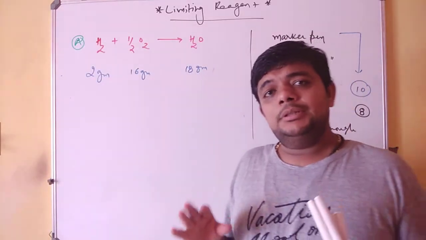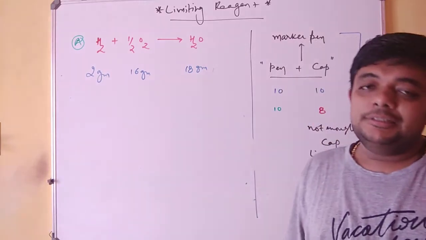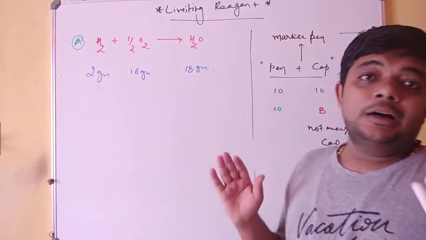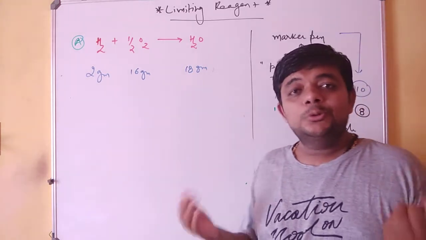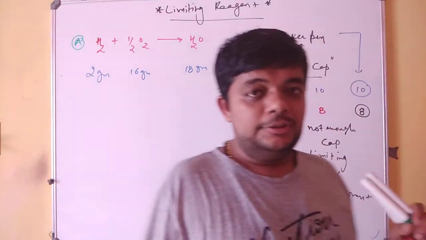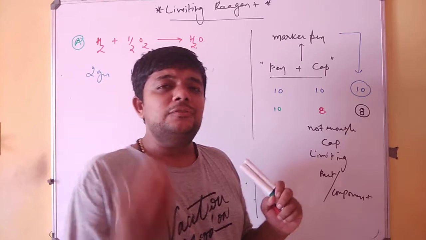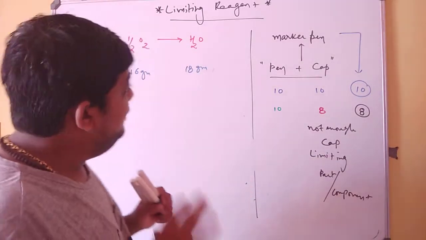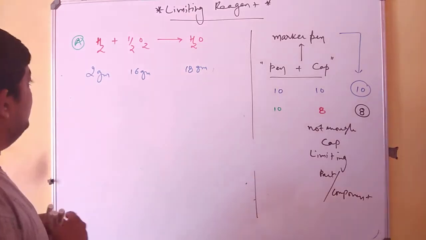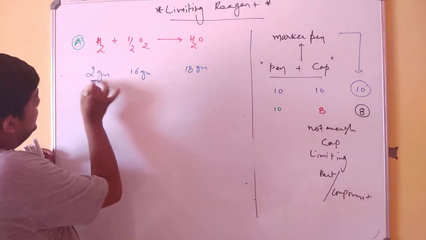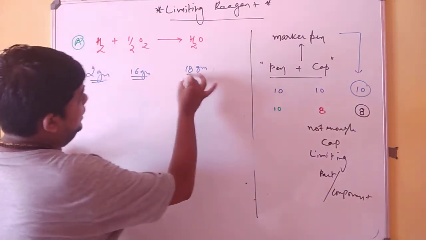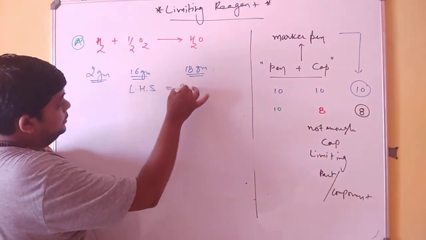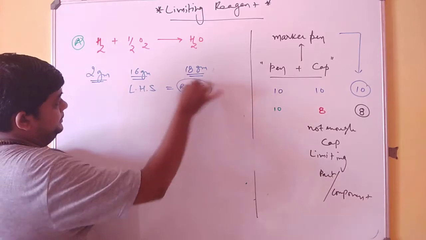This situation is idealistic. This situation works when you think of getting 100% yield. But you know that every chemical reaction only in a very rare chance reaches 100% yield. Nevertheless, that is a different thing. Over here, we are quite sure that 2 gram plus 16 gram will give me 18 gram, that is, left hand side is equal to right hand side.